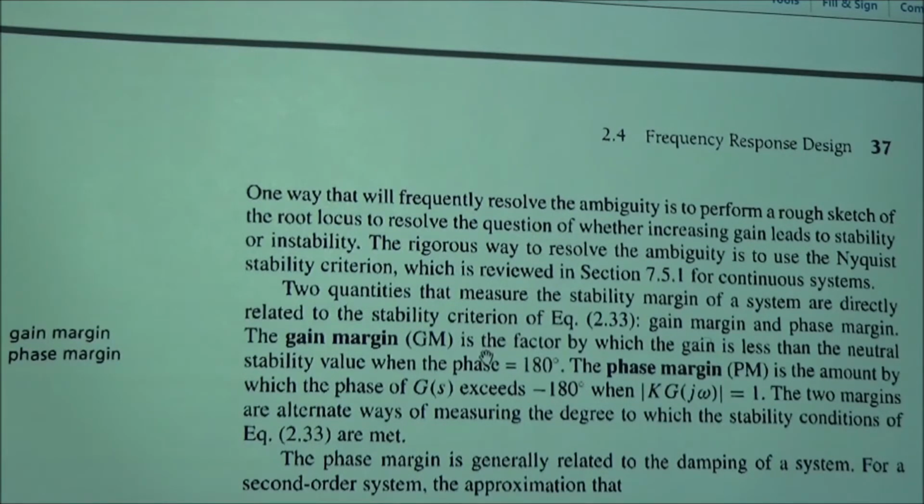Or you can have a factor so that if it's unstable, you can reduce the gain to make it stable. And if it is larger than that factor, it becomes stable, the poles move to the left half plane. If it is just equal to the value of, let's say, gain margin, it becomes pure oscillation.